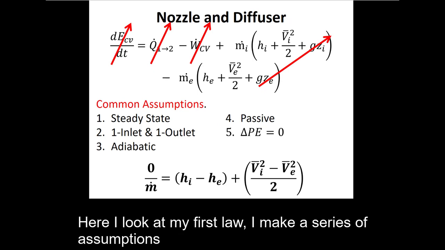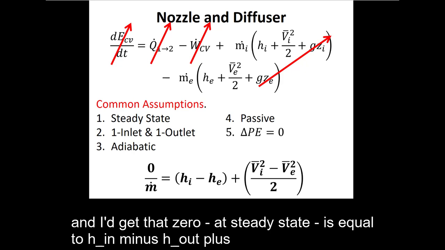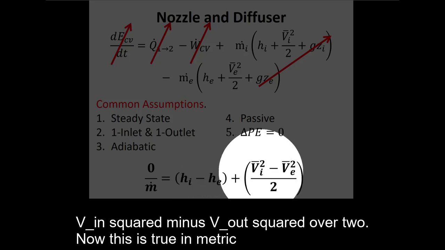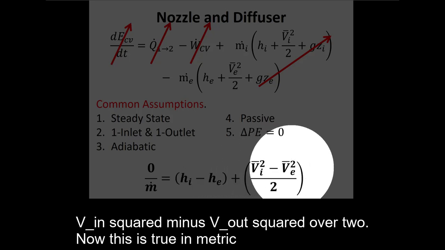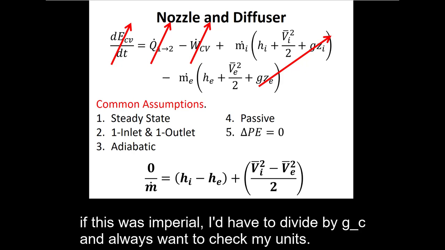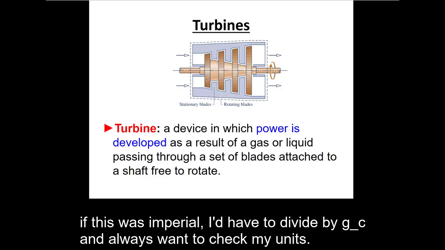Here, I look at my first law, I make a series of assumptions, and I get that 0 at steady state is equal to h in minus h out plus V in squared minus V out squared over 2. Now this is true in metric. If this was imperial, I'd have to divide by gc, and I always want to check my units.